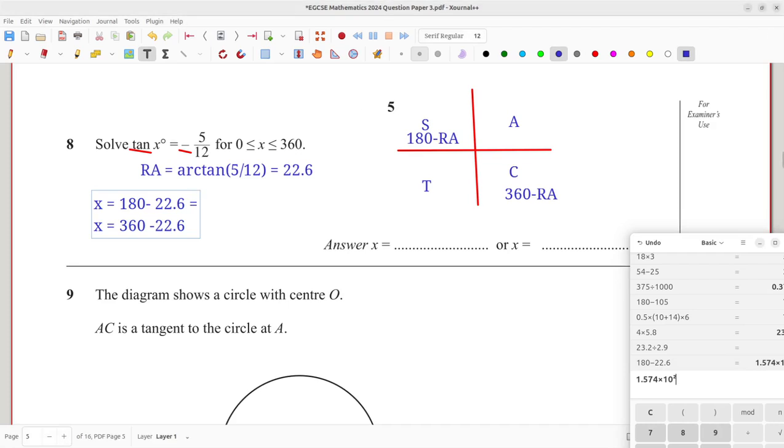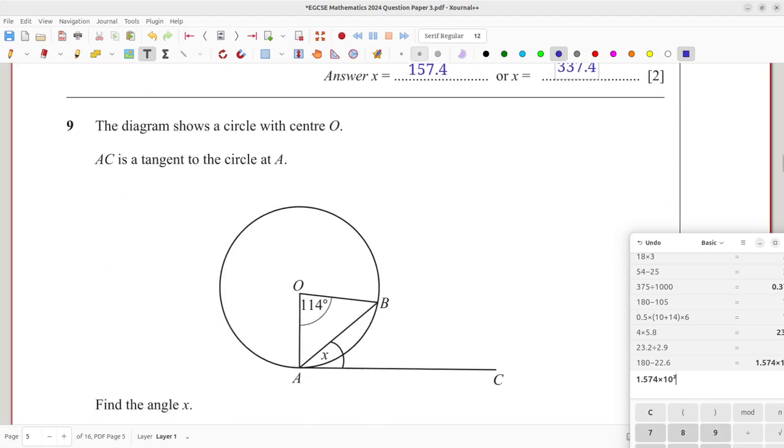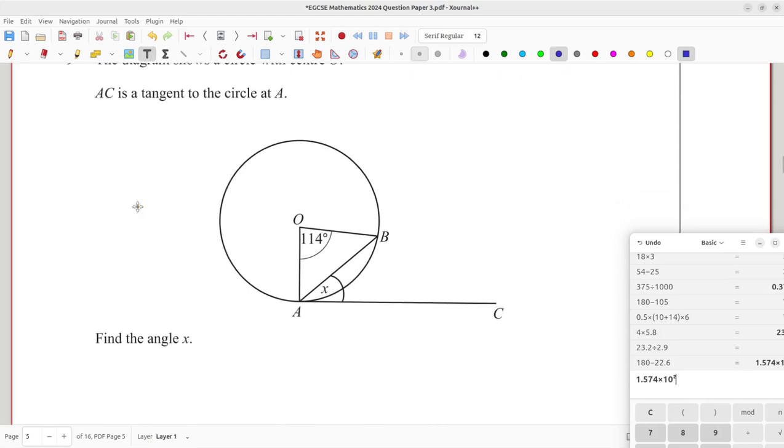The calculator is acting up now. It's 157.4. The other one, 360 minus 22.6, is 337.4. Now let's write it: 157.4, 337.4.